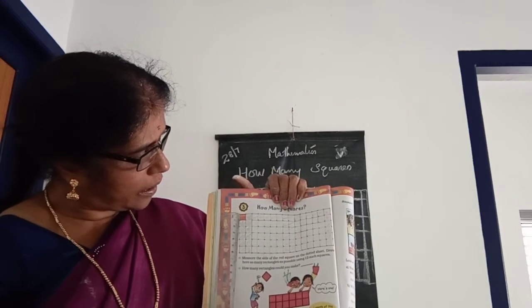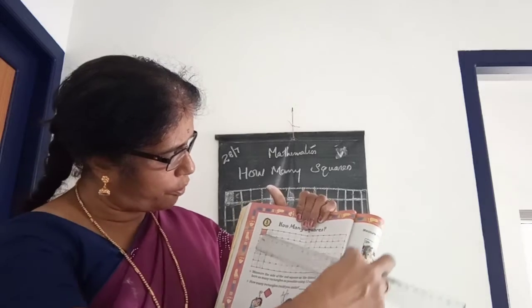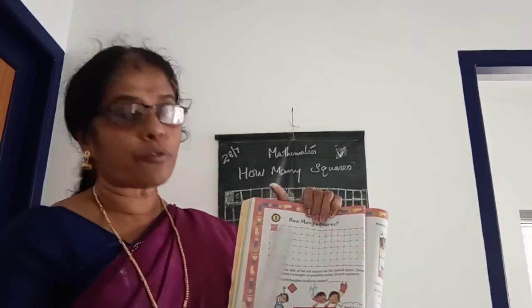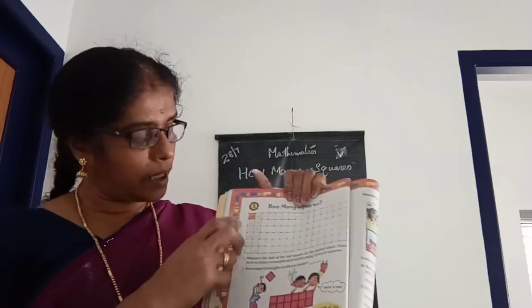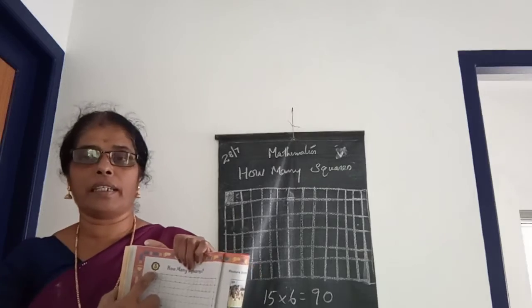What is the length of that, children? It is 1 centimeter. All four sides are equal in a square, isn't it? Four sides, 1 each. The length of this square, each side, is 1 centimeter.